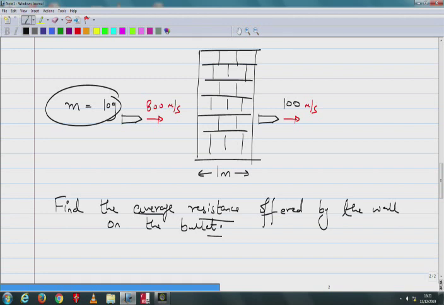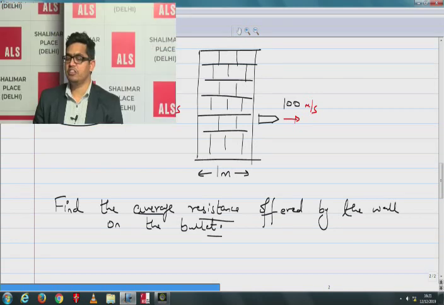Jia, can you do this question? Find the average resistance offered by the wall on the bullet.